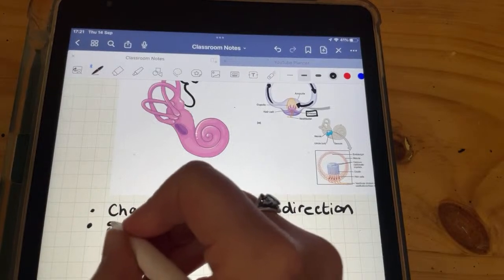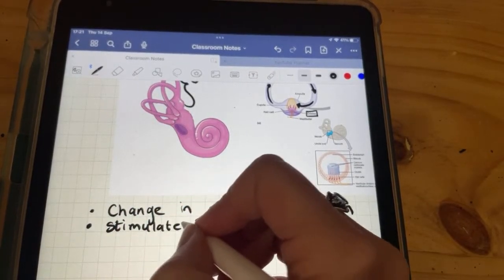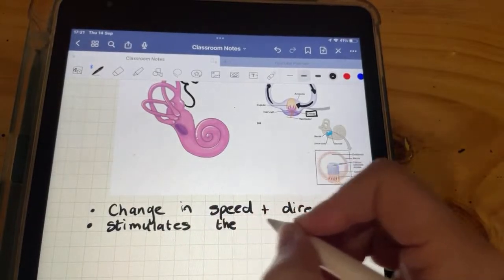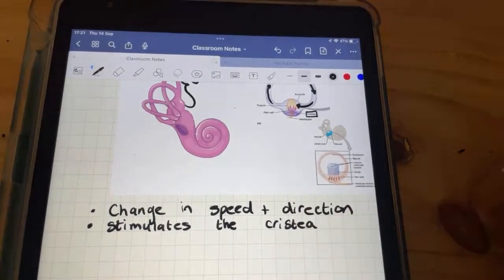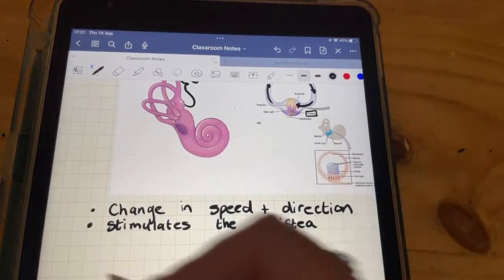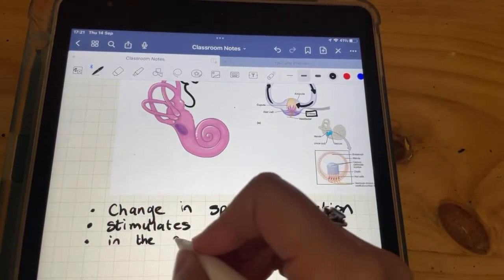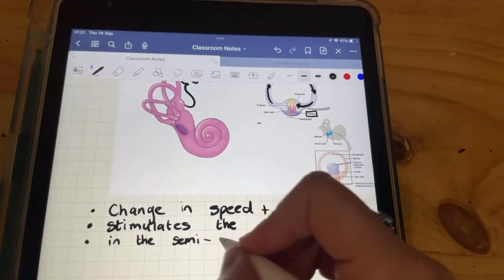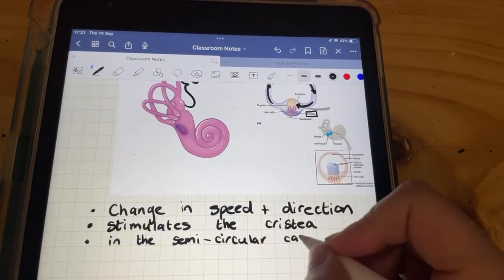Next, you're going to say this change stimulates the cristae. The cristae, everybody, are the sensory structures I just pointed out to you earlier. Where are those cristae? In the semicircular canals.